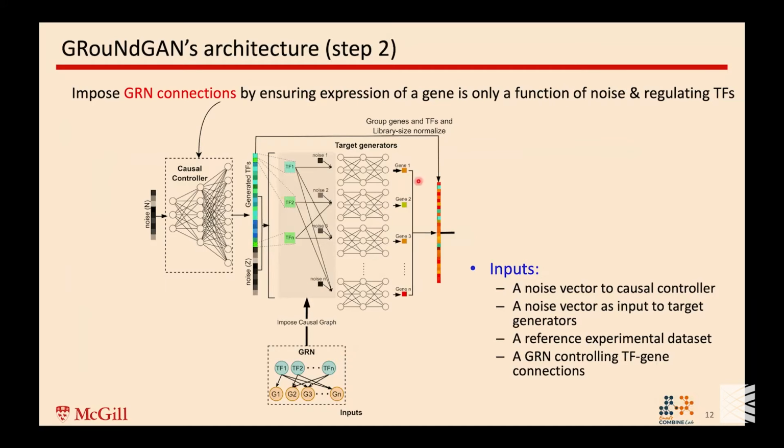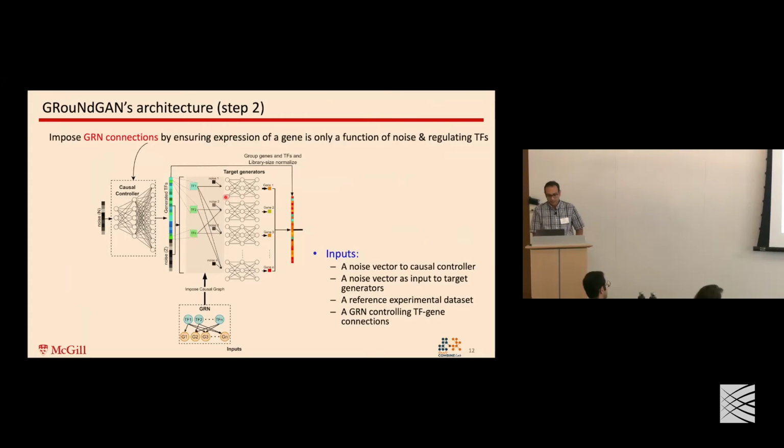So for example, in this GRN, gene 1 is regulated by only transcription factor 1. As a result, this target generator only accepts a noise value and the expression of transcription factor 1. For gene 3, it gets input from TF1, TFN, and a noise value, because G3 is regulated by TFN and also TF1.